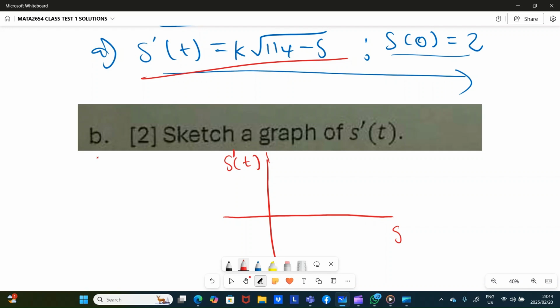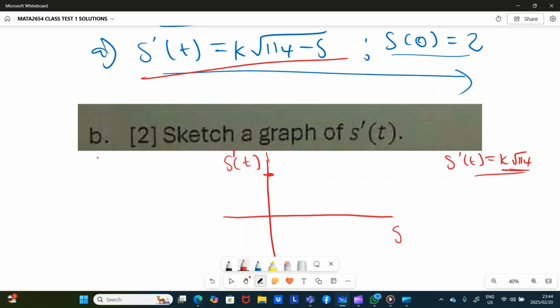If we are looking for the y-intercept, that means we set s equal to 0. So if s is equal to 0, we end up with s prime of t equal to k times root of 114. So this is going to be our y-intercept.